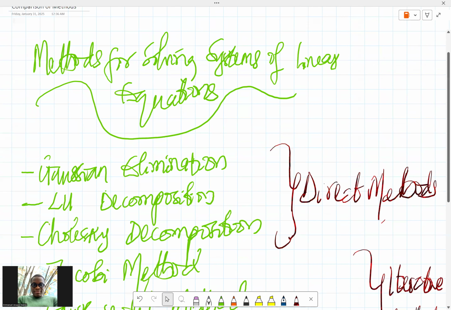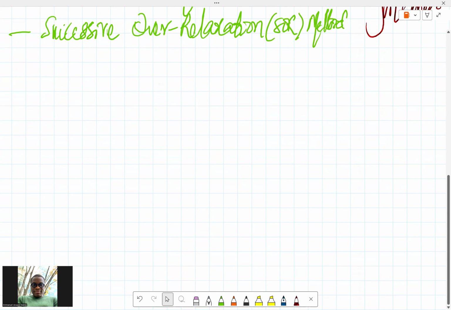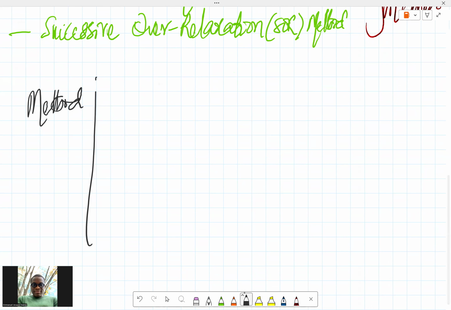It all depends. So let's do a table and look at the method. The type is either direct or iterative, and that has been taken care of at the top. The first three are direct methods, while the last three are iterative methods. So the next one we want to consider will be the computational cost.